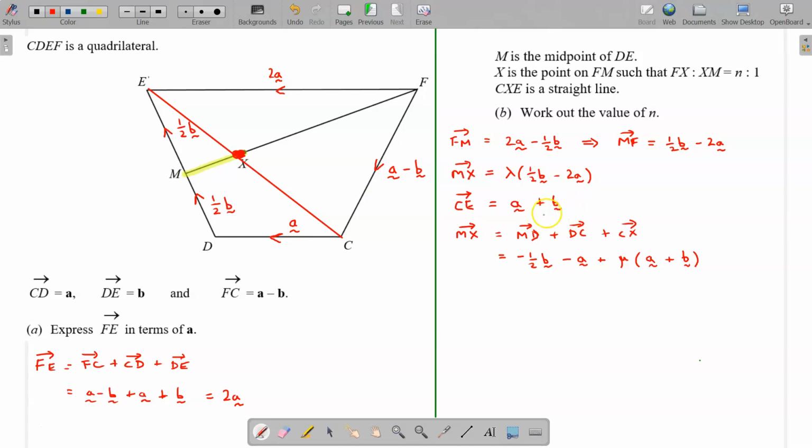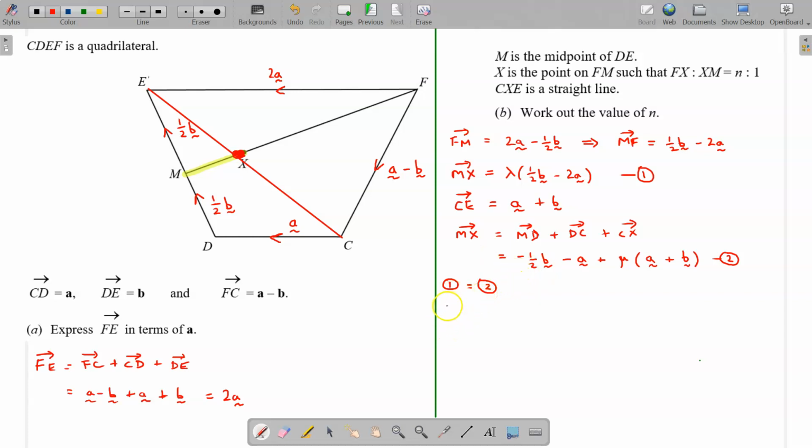So what I'm going to do is expand out the brackets from these two equations. I'll call this one equation 1 and this one equation 2. Now you can see they're both equal to mx. So I can say that from 1 and 2, 1 equals 2, because they're both equal to mx.